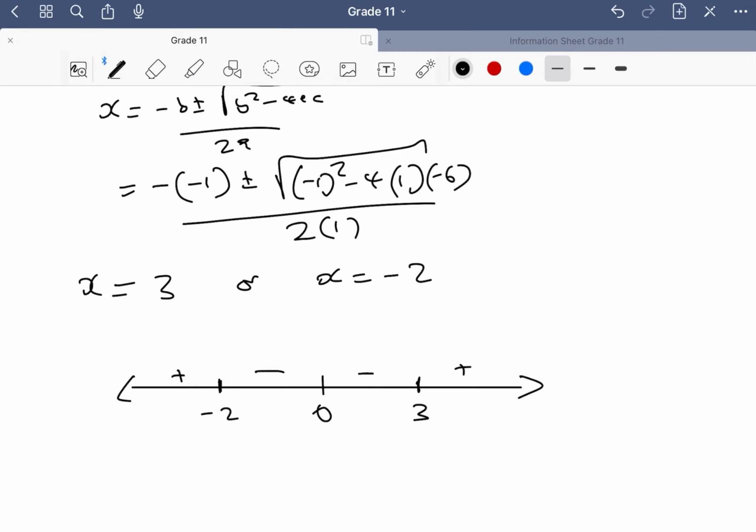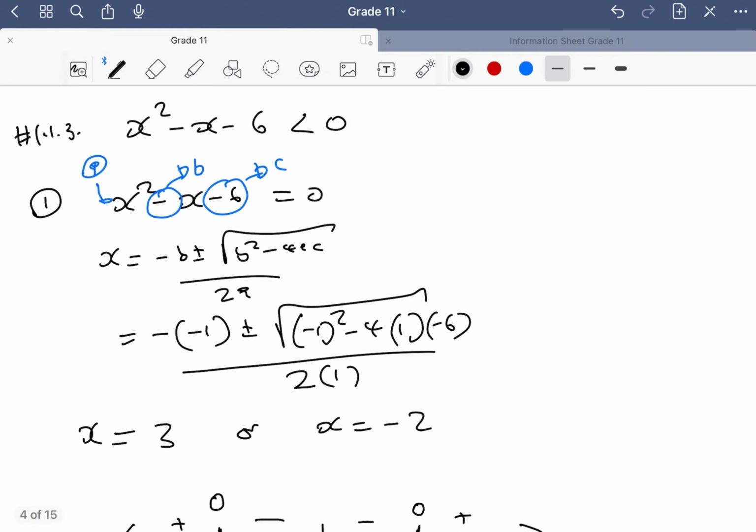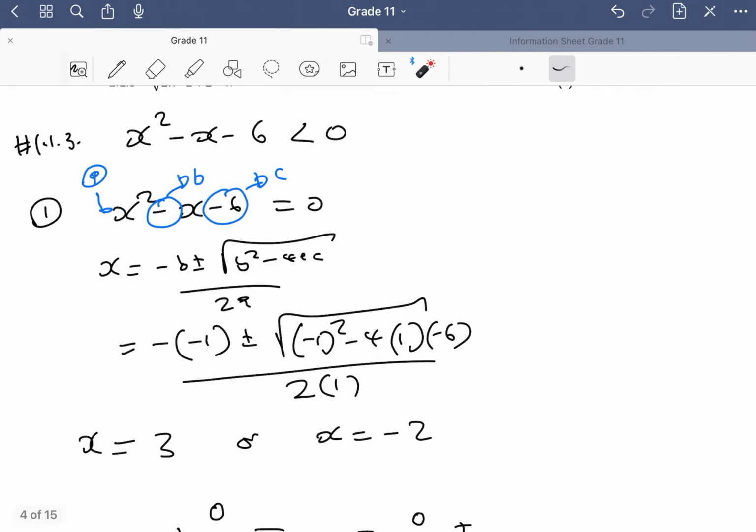Alright, and then what you do is you have open dots. We call them open dots because of the inequality. If this is just greater than, or sorry, this is less than, and if it's greater than, you use an open dot.